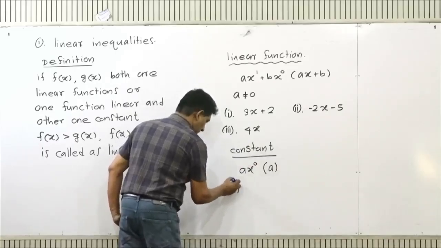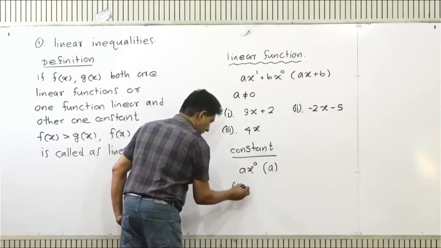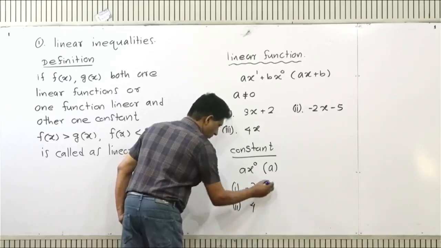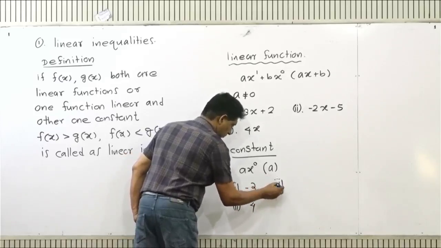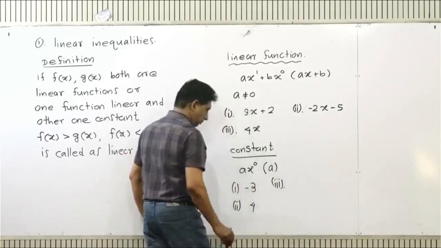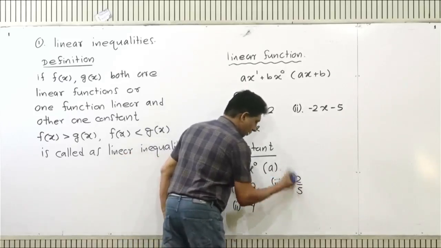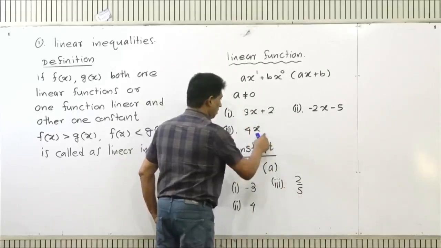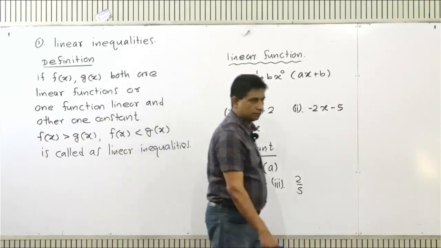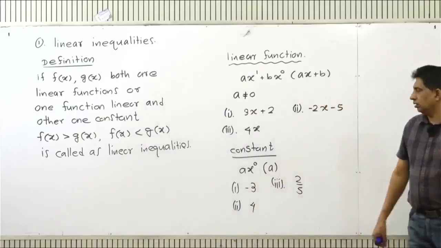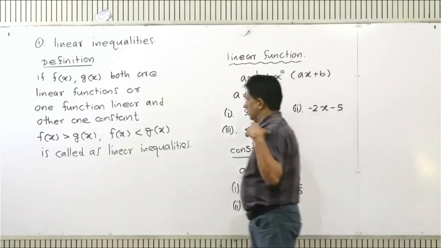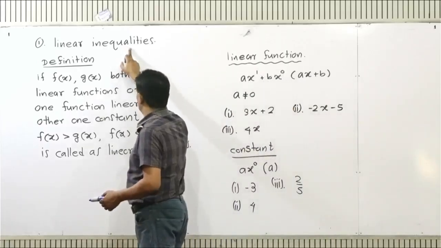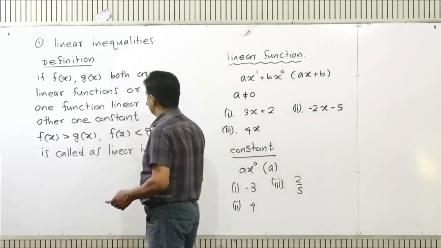Constant means we can put any real number here: minus 3, positive 4, and any fraction like 2 over 5. Anyway, these are constants. These are the linear functions, right? Okay, now write down this one. First one, linear inequalities.